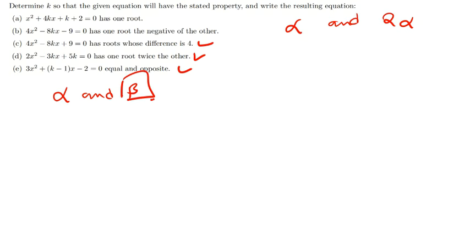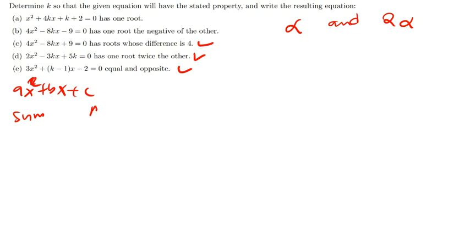Now remember, when we have ax squared plus bx plus c, we know that whenever we're talking about the roots, we have got sum and product.